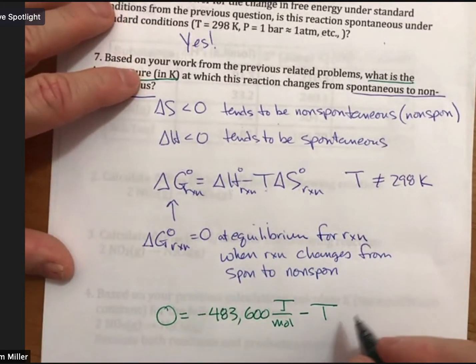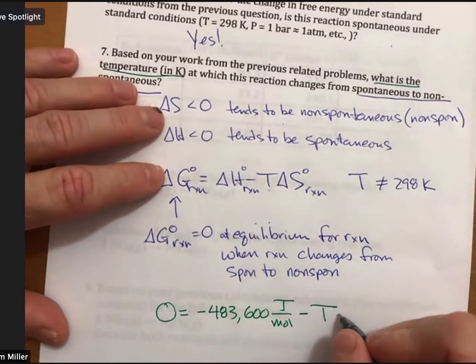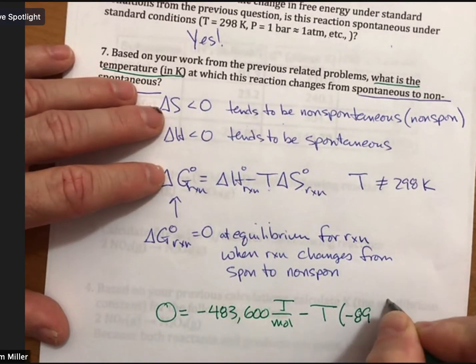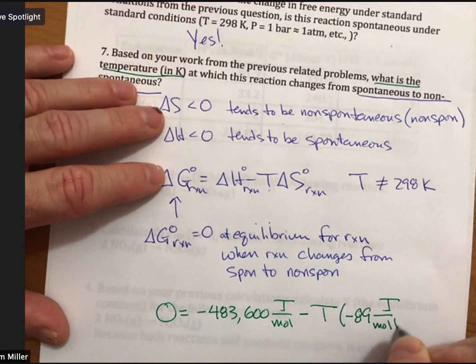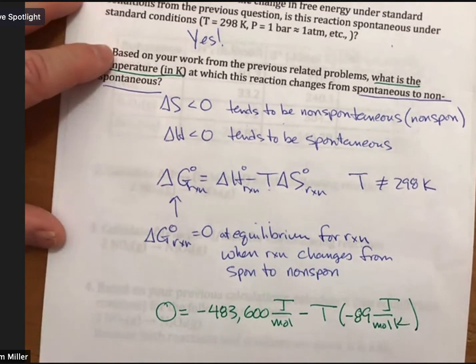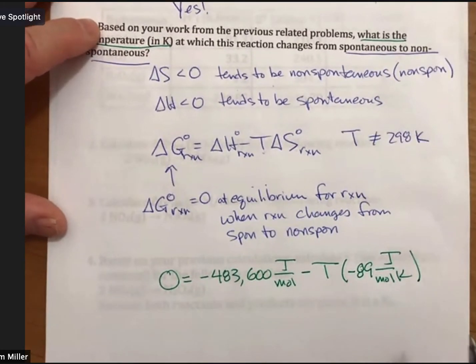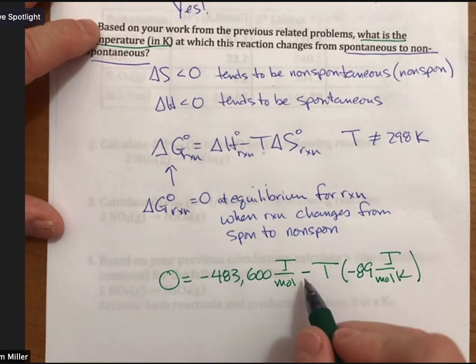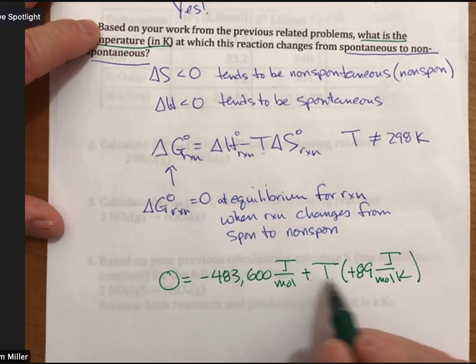And my delta S value was 89 joules per mole Kelvin, negative. Like so. And now I have two minuses make a plus.